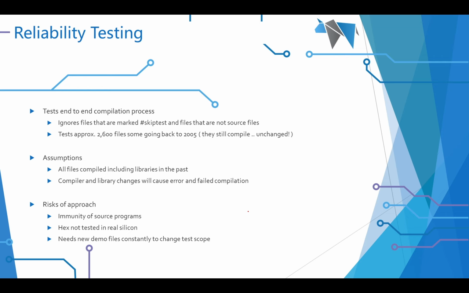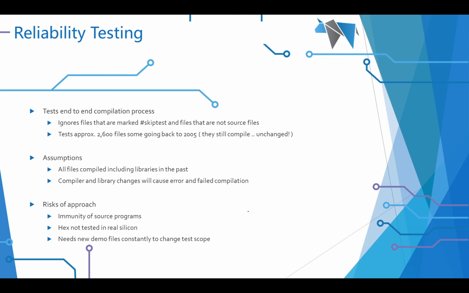There was a case many years ago when, for some reason, the batch file managed to get through a memory error inside of the compiler. It now traps those because it's a little bit better, but there is an assumption that it will cause the error log to be written, or that these two files will be written out, the ASM file and the hex file. There is a risk with this approach.